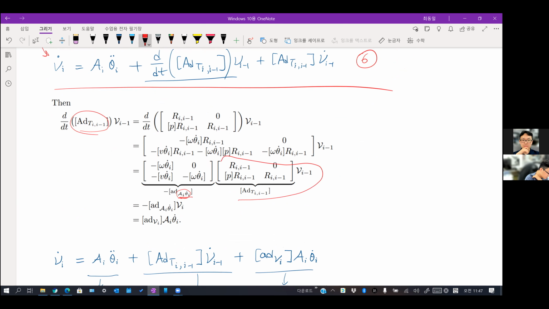These two things are multiplied here, here, and here. So it becomes twist I. So twist I here, here. So finally, we can get this one.